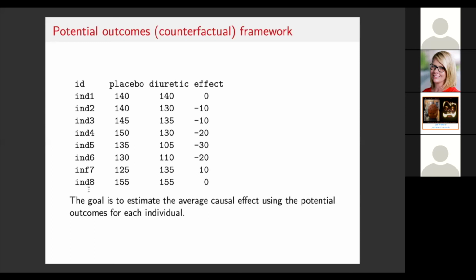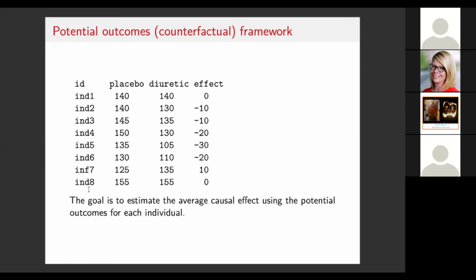And in many problems, you don't have the option. So for example, if the intervention is not a drug that easily washes away, like a diuretic, but something more substantial like a heart transplant, you cannot give a person a heart transplant and not give them a heart transplant. That's not possible.